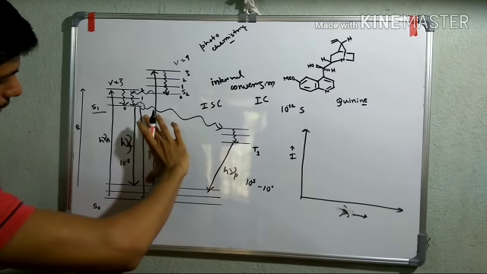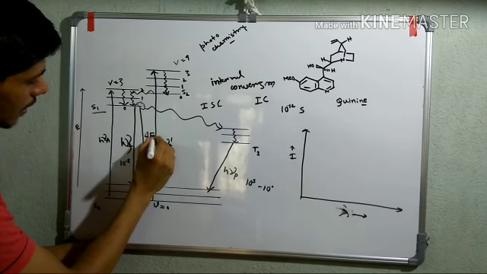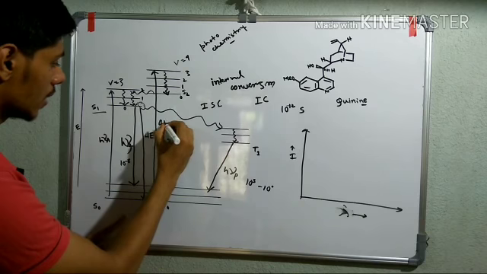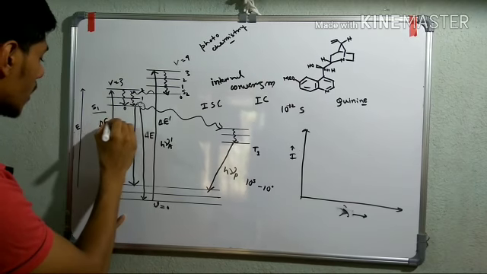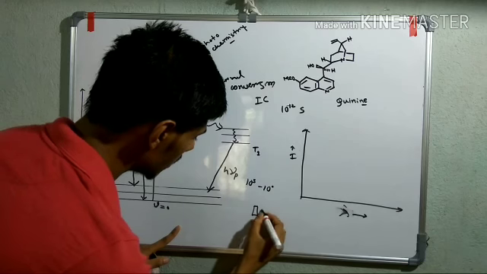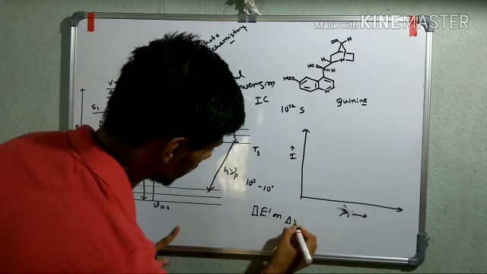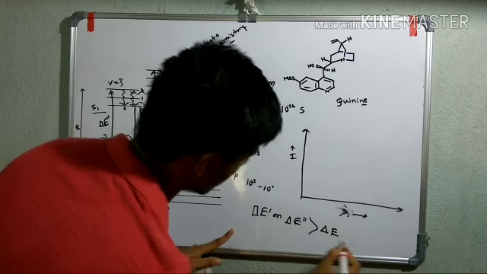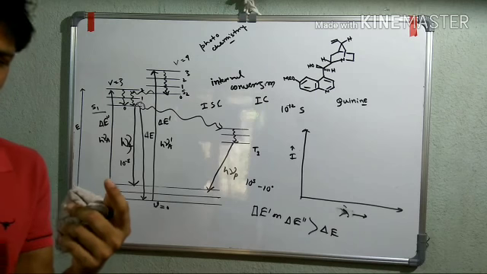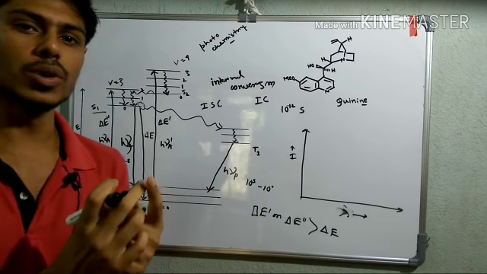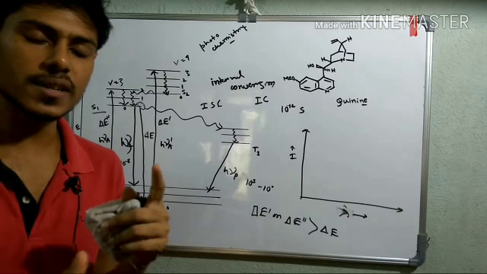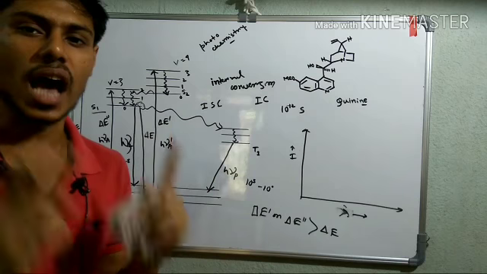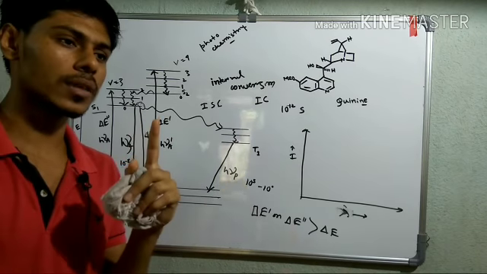So if this energy gap is delta E, then the energy gap when the excitation occurs, let's say delta E dashed or delta E double dashed, is always greater than your delta E. That means the energy difference to be travelled during the excitation and during the de-excitation are different, and the energy requirement is higher for the excitation than for the de-excitation.